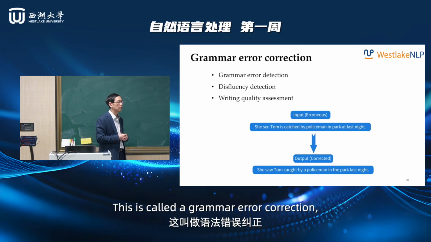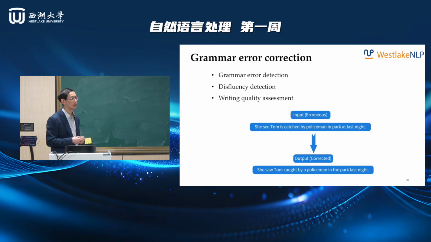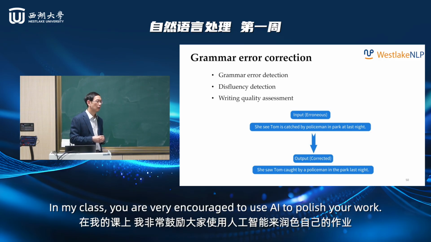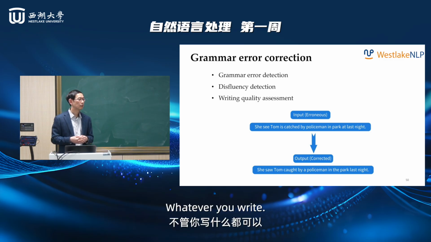This is called grammar error correction. Or you can use AI to polish your written work. So, polishing. In my class, you're very encouraged to use AI to polish your work, whatever you write.